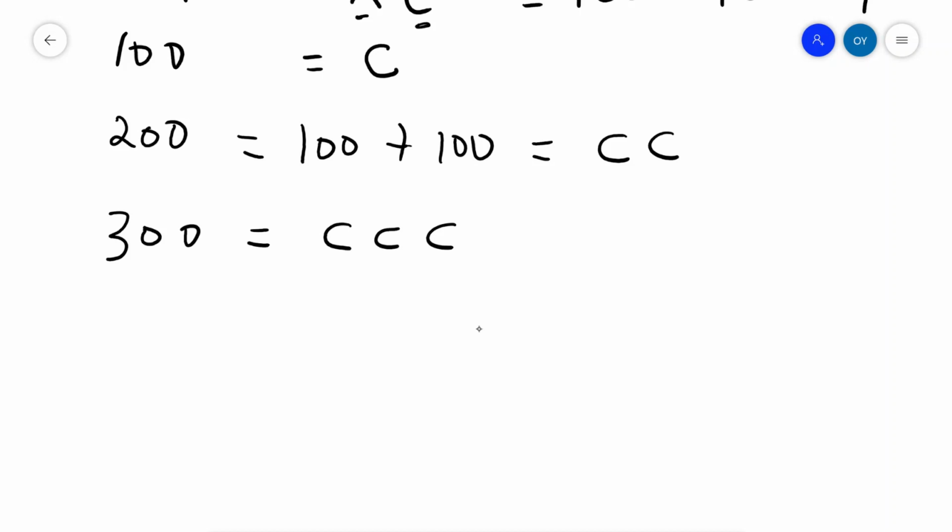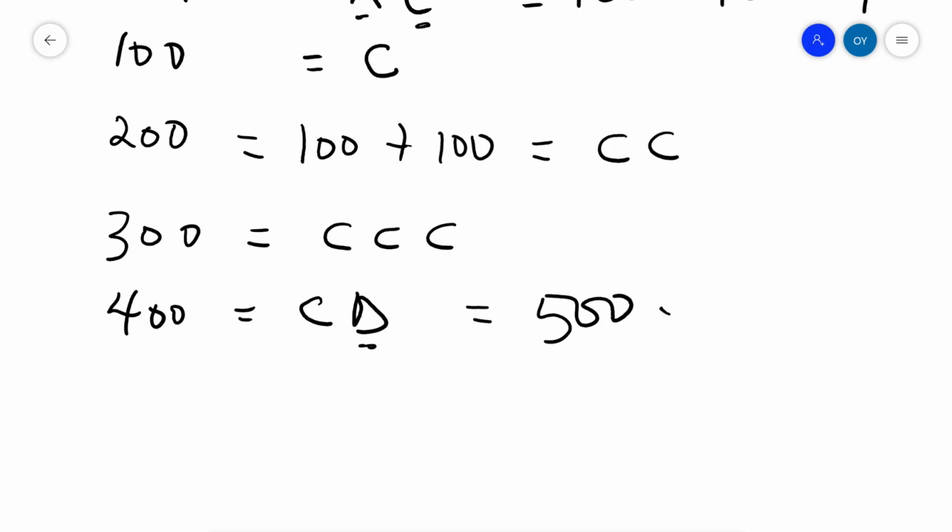Then we can write 400 to be what? I want you to think, 400 would be what? 400 would be CD. CD meaning 500, which is D, minus 100 from the C, and this is 400. So 400 is CD.